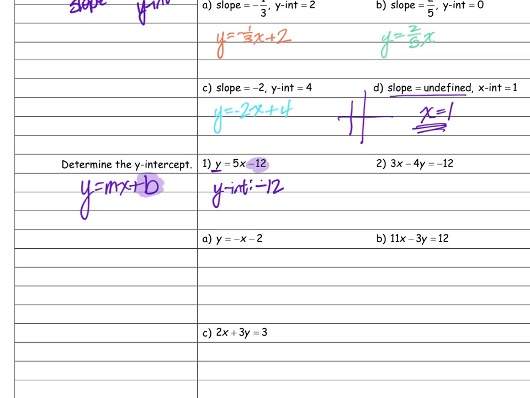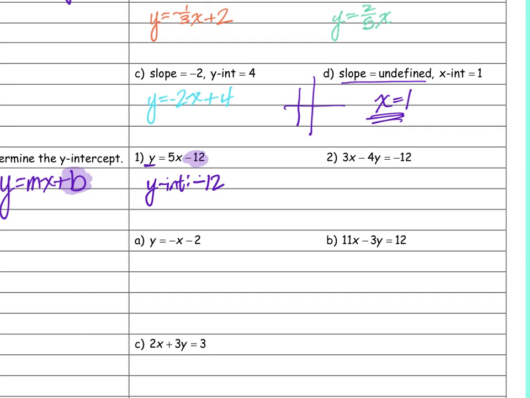But if I look at number 2, it's not solved for y. So I have to get y by itself first. I subtract 3x, and then I get negative 4y equals negative 3x minus 12.